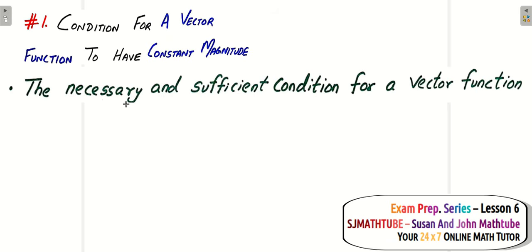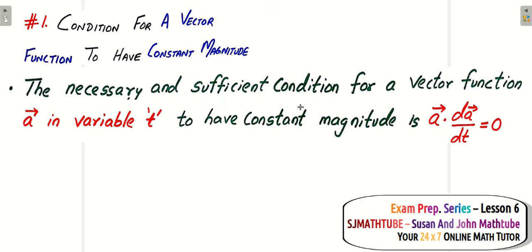The necessary and sufficient condition for a vector function A in variable t, as in the example you just saw, to have constant magnitude is A dot dA by dt equal to 0.